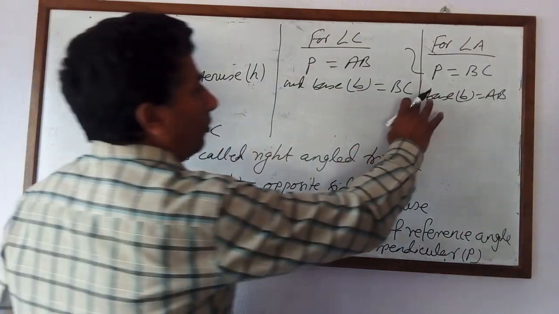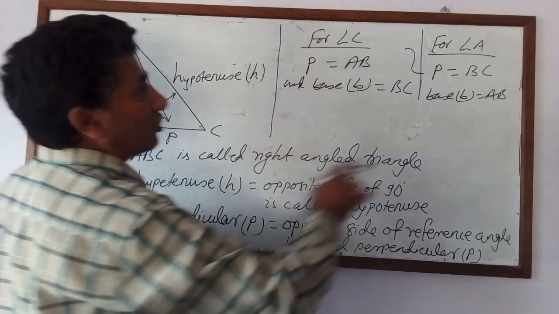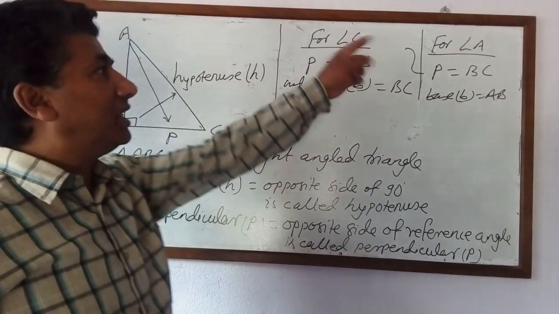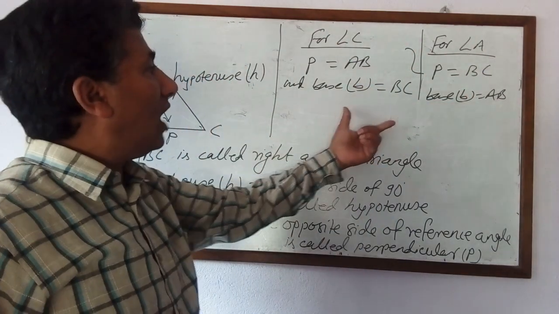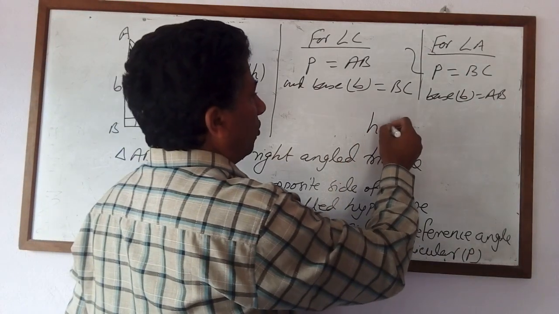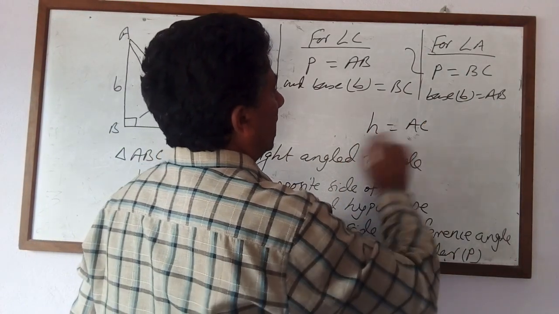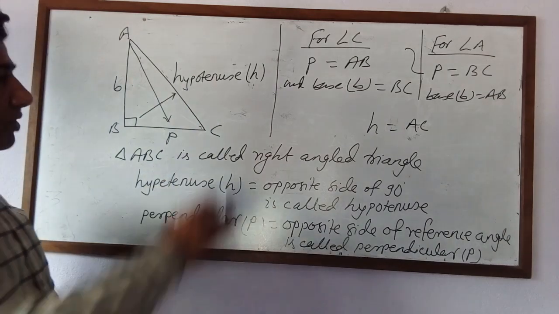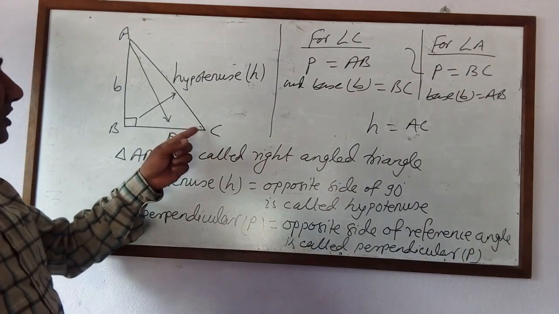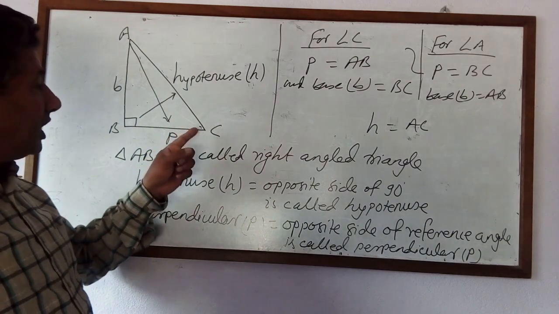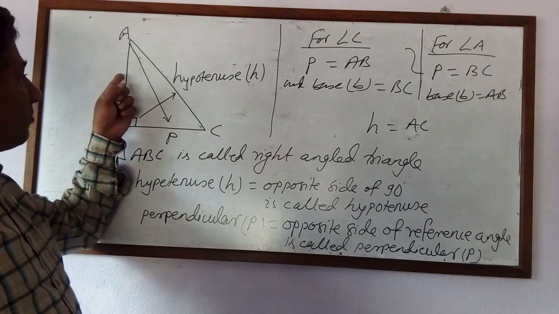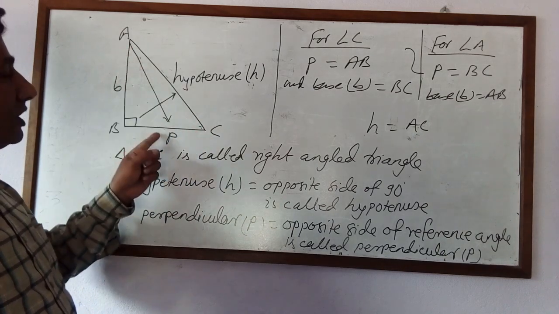And remember, for this angle A also, for this angle C also, hypotenuse will be the same, that is AC. AC will not change. That's why from here what you have to understand, with respect to this angle C, this one is perpendicular, this one is base.